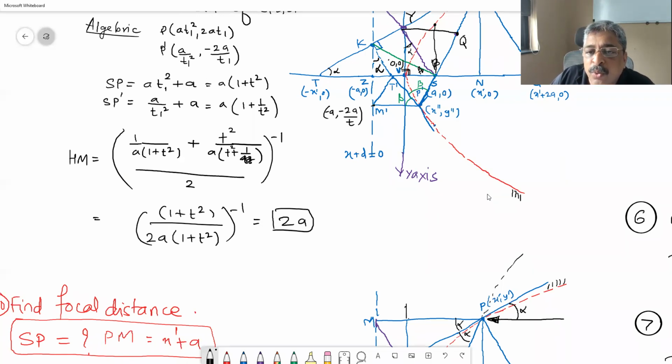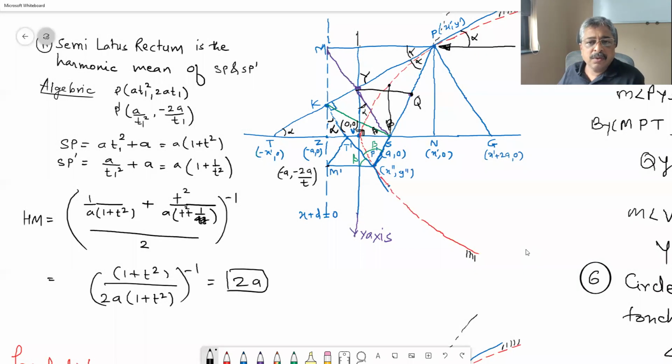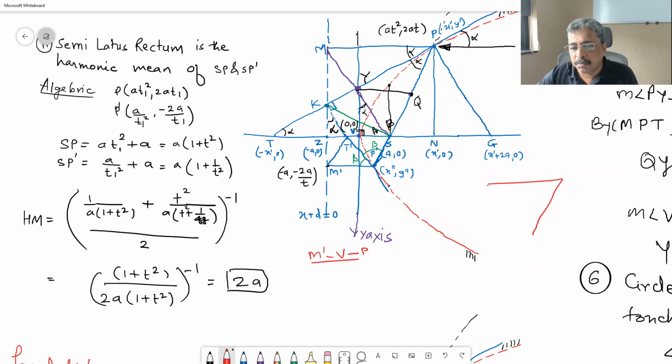V is 0, 0, and what are the coordinates of P? P is a t square comma 2a t. Okay. Now what we want to show here is basically that M dash, V, P are collinear. Then you have this trapezium. Diagonals intersect at V, suppose.